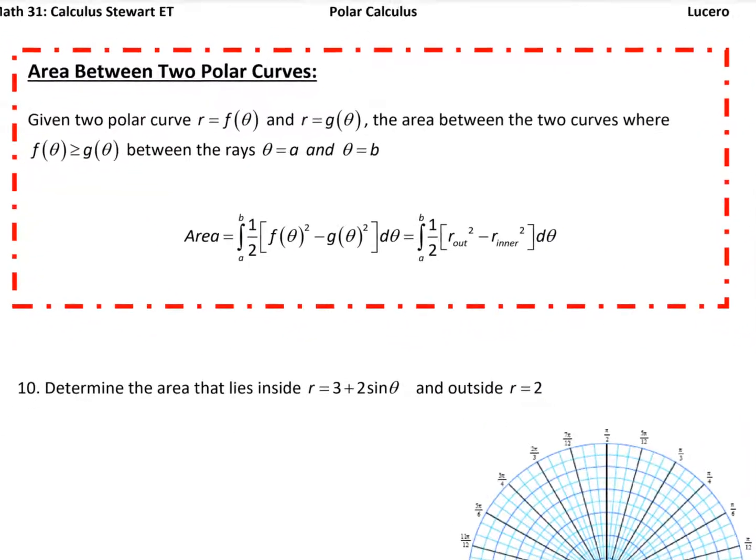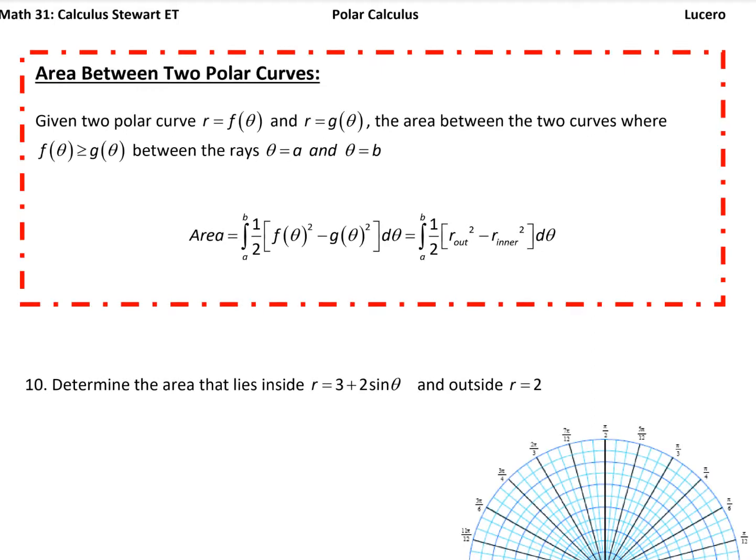Given two polar curves, the area between the two curves when f of theta is greater than g of theta, and between the rays a to b, is going to be the integral from a to b of 1/2 f of theta squared minus g of theta squared d theta. And that's just taking the area of the outer radius squared minus the inner radius squared.